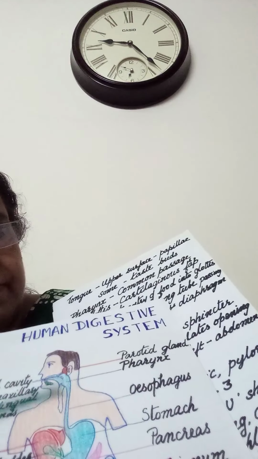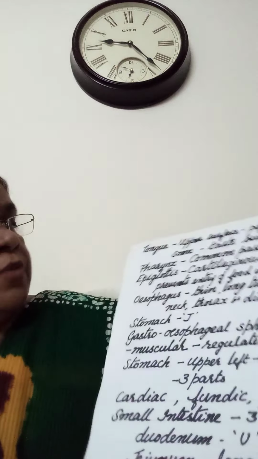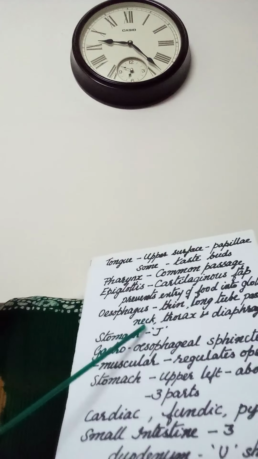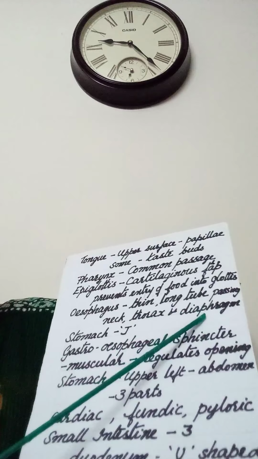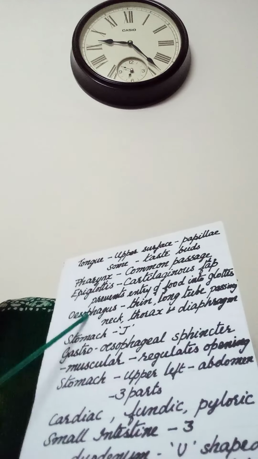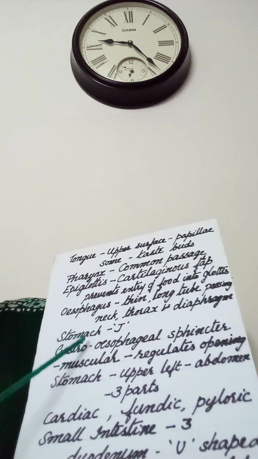See here, this is the esophagus that will be passing through neck, thorax and diaphragm. Esophagus leads to J-shaped stomach.